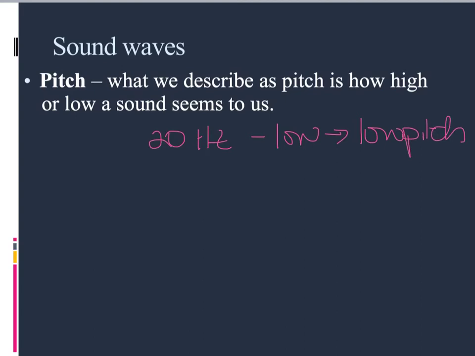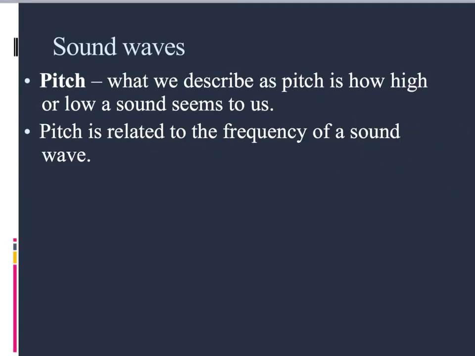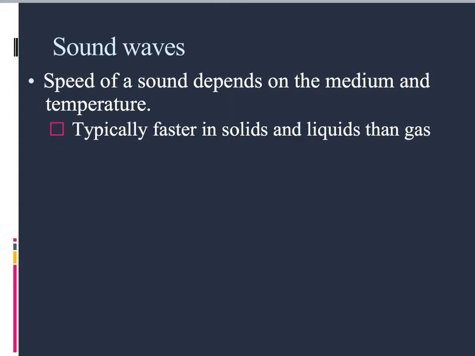Things in the 20,000 hertz range, though, sound high to us, and so we would say they have a high pitch. So this is pretty easy. If it's a lower number, it has a lower pitch. If it has a higher number, it has a higher pitch. And pitch is related to the frequency, which is just the example that I gave you there.